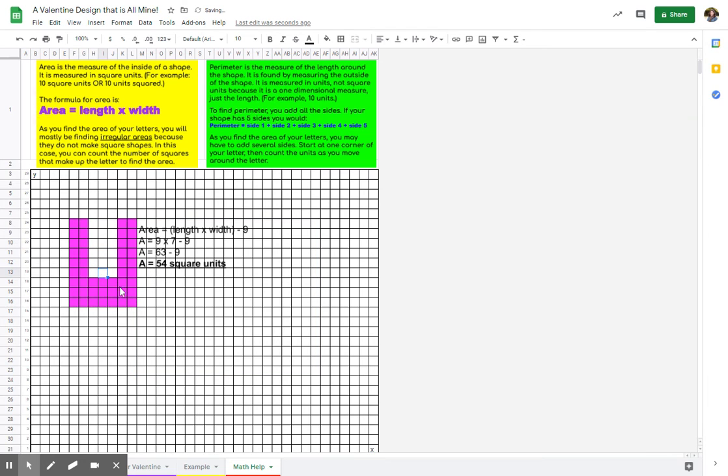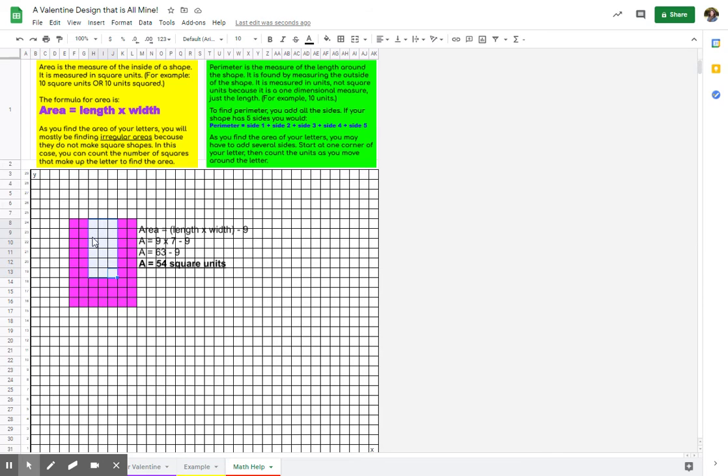If I had the letter U here, again, I could still use the basic formula because I still am looking at a 7 times 9 array. But now what I would have to take away would be more than 9. I would have a 3 times 1, 2, 3, 4, 5, 6.